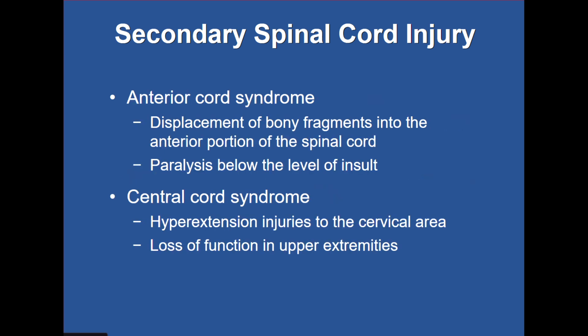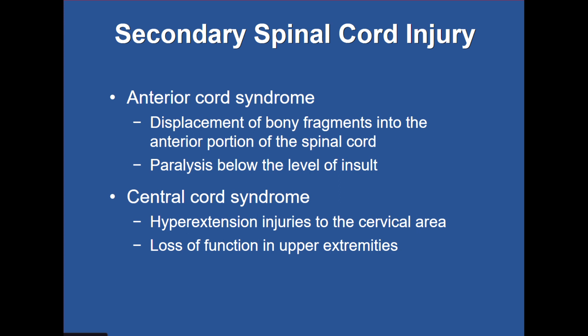All right, so we talk about the anterior portion of the cord tending to have more of our motor functions and things along those lines. So you have a lot of the motor functions affected, a lot of the sensation is affected.